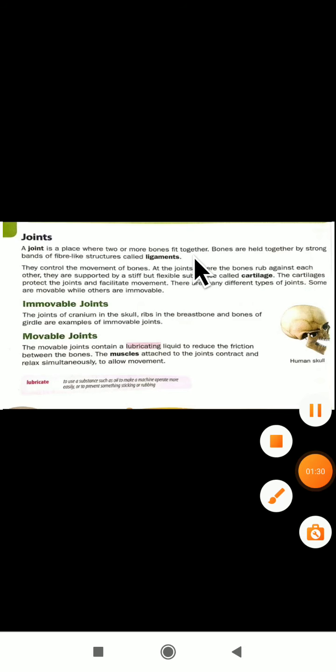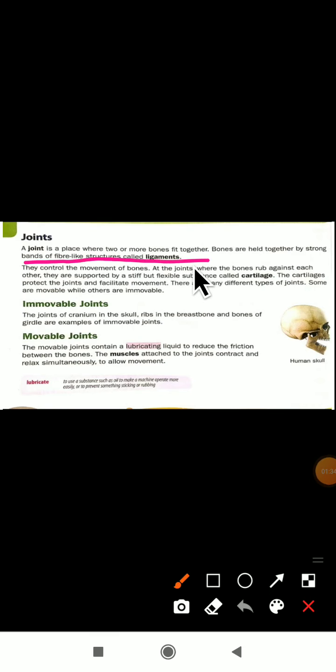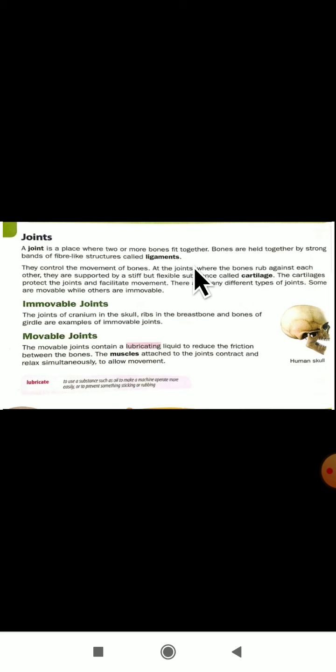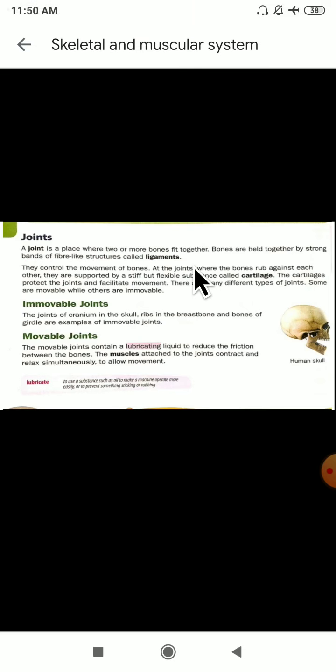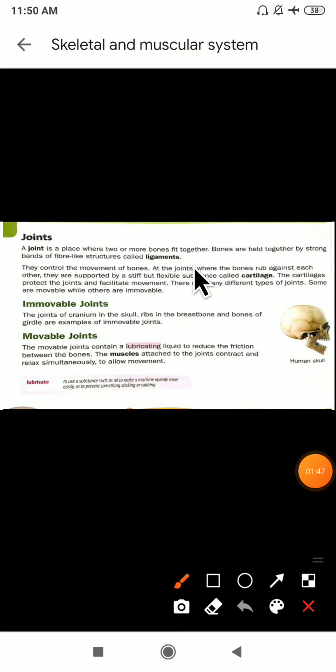What is a joint? A joint is a place where two or more bones fit together. Remember this, you have to mark this line. It is nothing but where two or more bones join together. Think of it as one place.